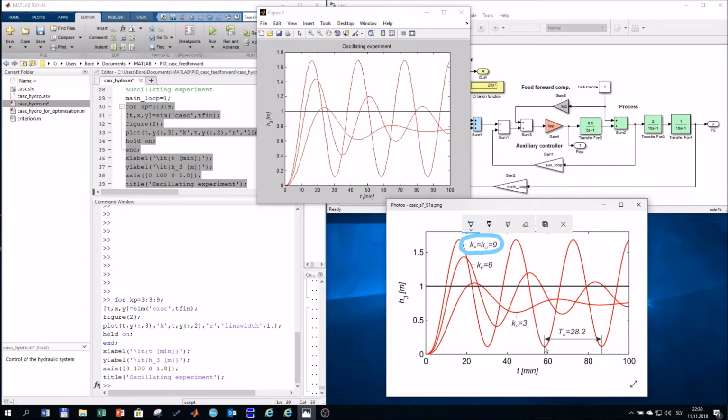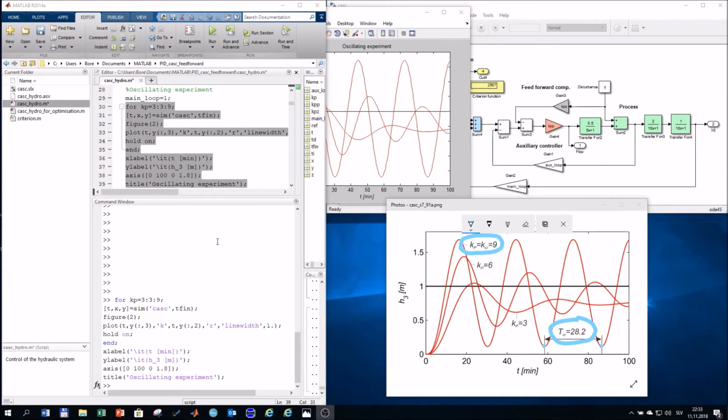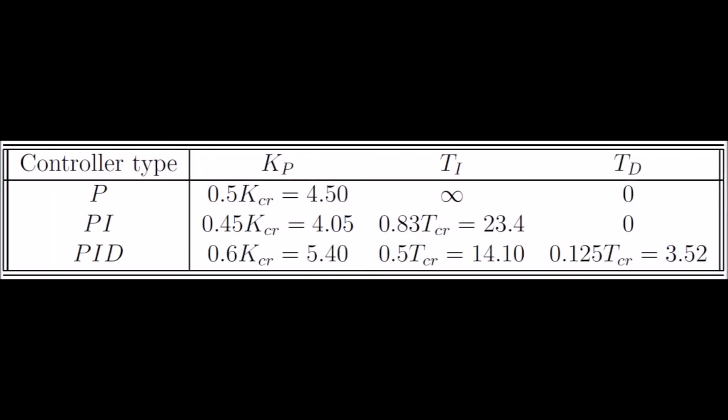This is the time, for example, between this point and this point. The critical period is 28.2. With the critical gain and critical period, we determine the parameters of P, PI, and PID controllers according to the Ziegler-Nichols rules.